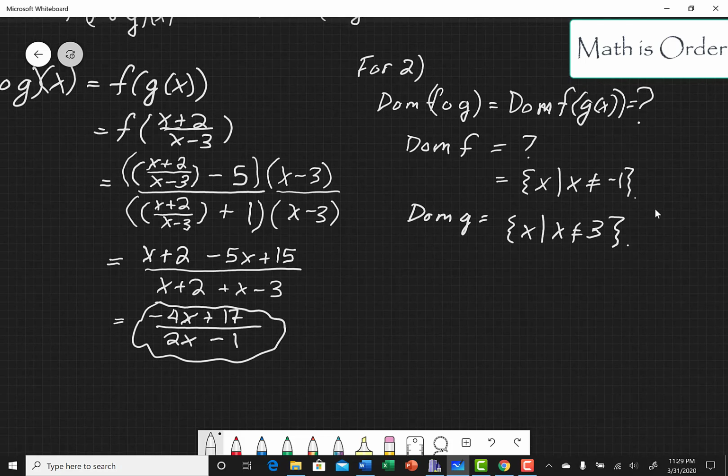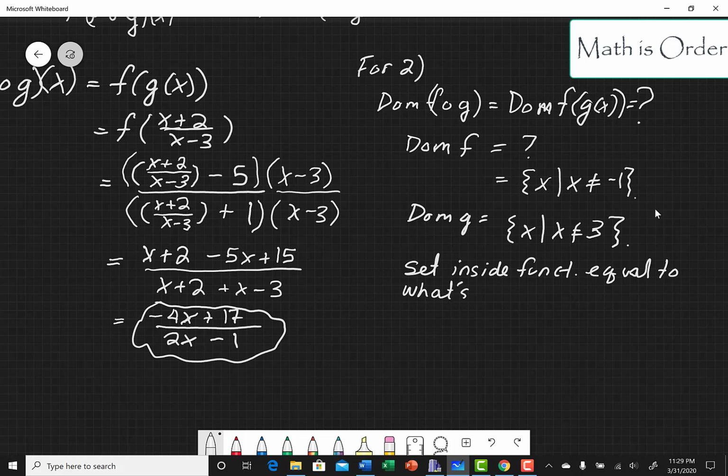What we have to do is set the inside function equal to what's excluded from the domain of the outside function.